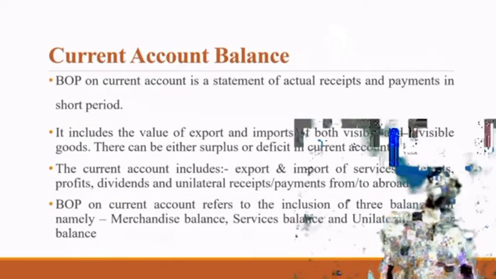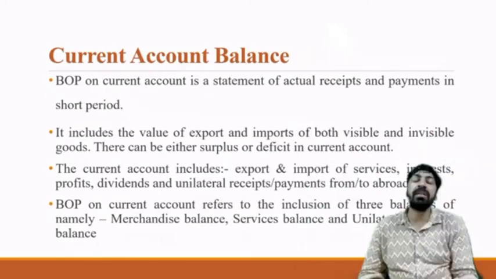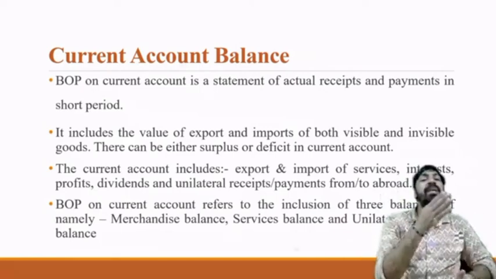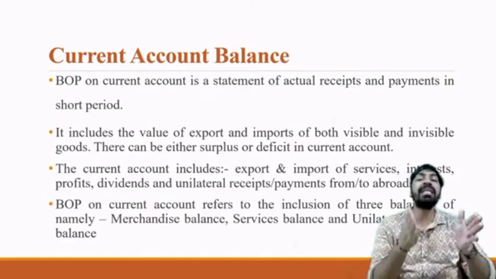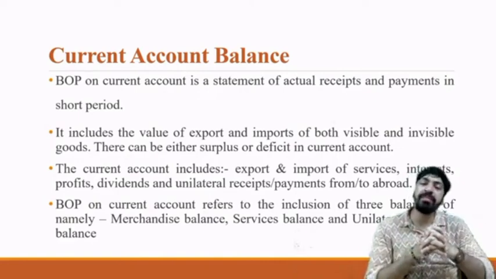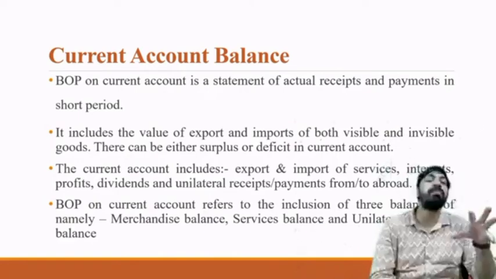The first one is the current account balance. When we talk about the balance of payment on current account, it shows a statement of the actual receipts and payments in a short period.